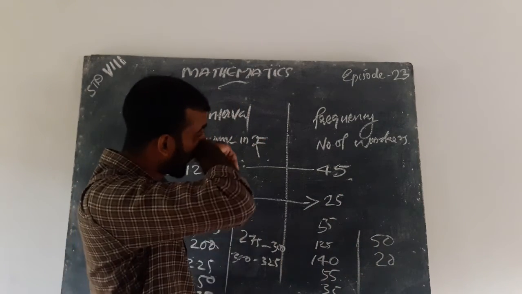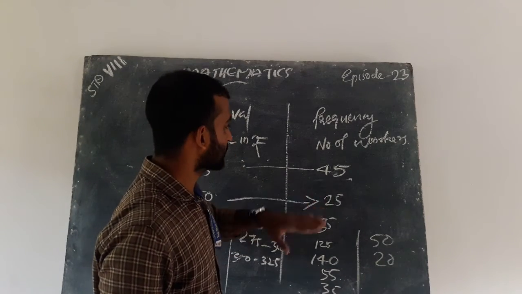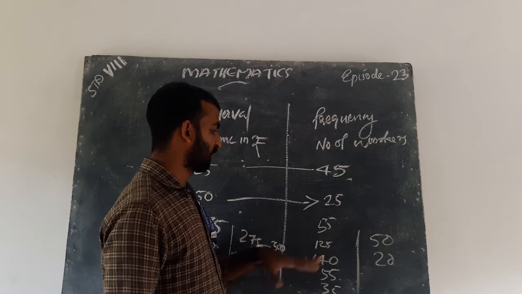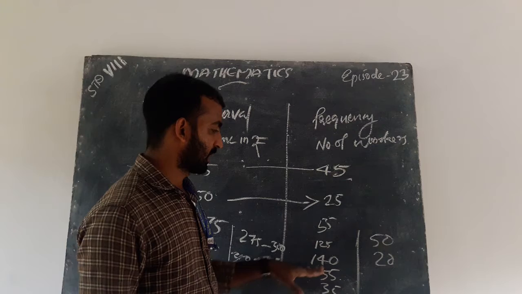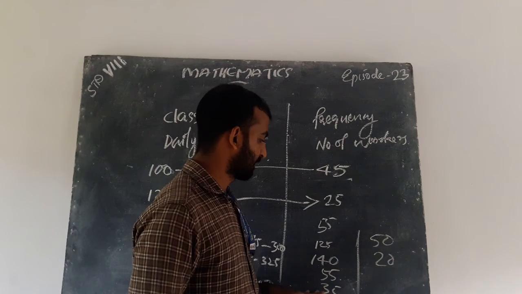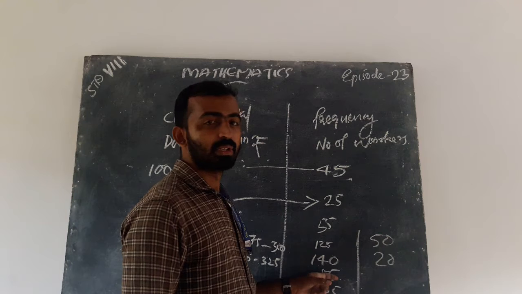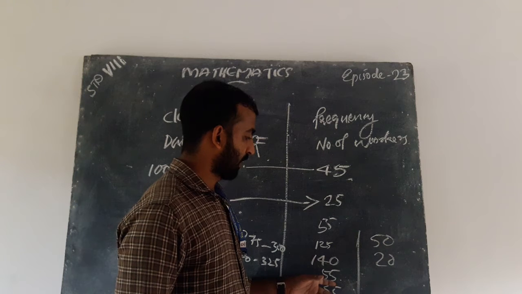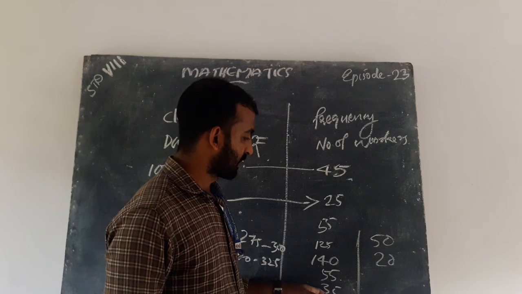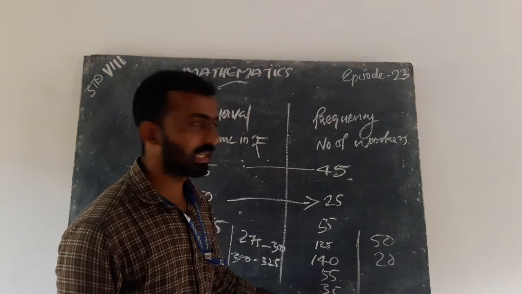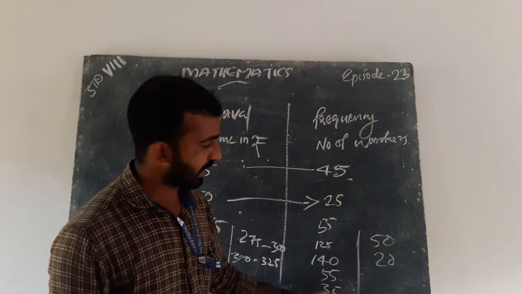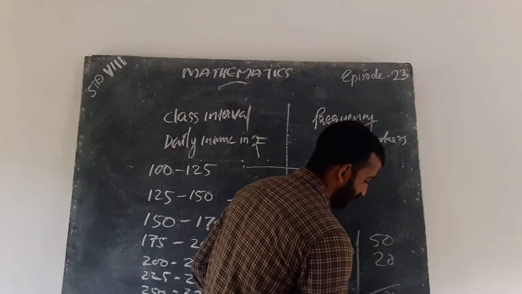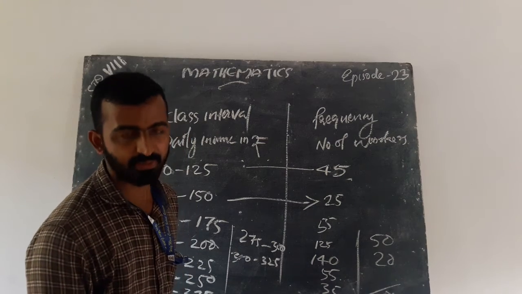That is, when we add these frequencies, total is what? 70, 125, 250, 390, and 390 plus 55, 450, 450 plus 30, 480, and 80 plus 70, we get total is 550.